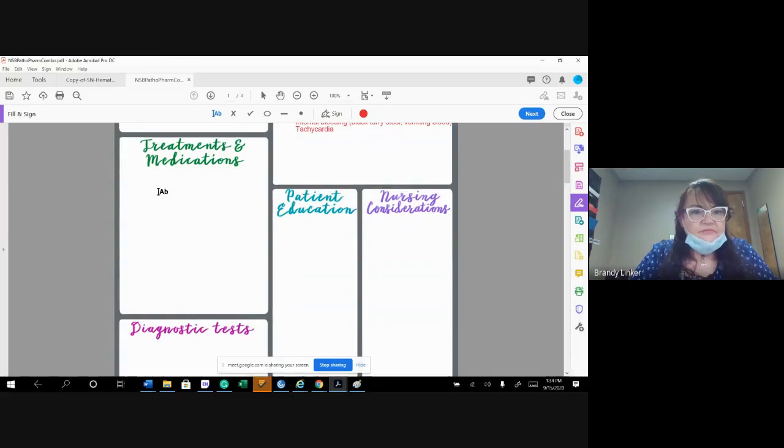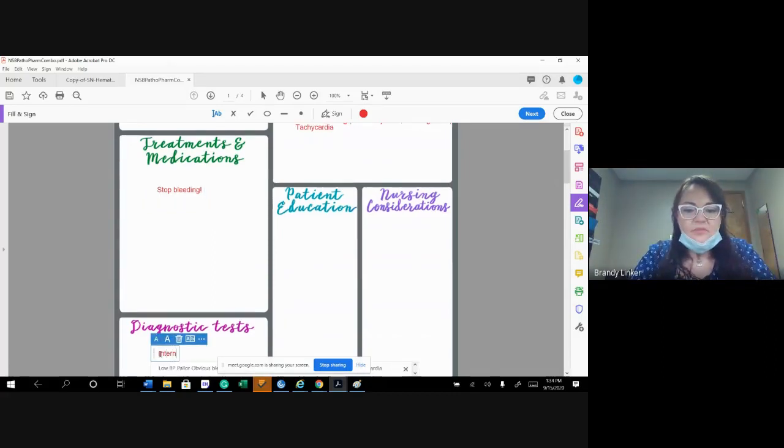Treatment, stop the bleeding, right? Whether you do that through an endoscopy, so internal would be endoscopy, find the bleeding, okay? You're going to do frequent lab monitoring. And what I mean by frequent H&H is you're going to take their hemoglobin and hematocrit.